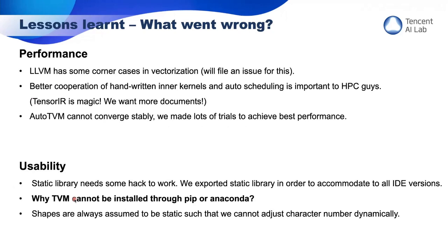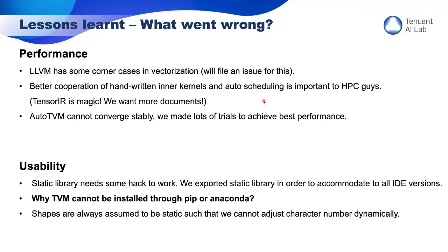And what went wrong? The bad things are here. Firstly, we have observed that TVM has some corner cases that prevent it from achieving higher performance. And the second thing is that sometimes we really want our handwritten inner kernels and the schedulers to cooperate better.